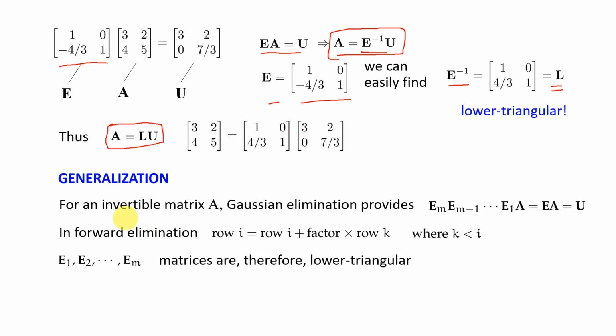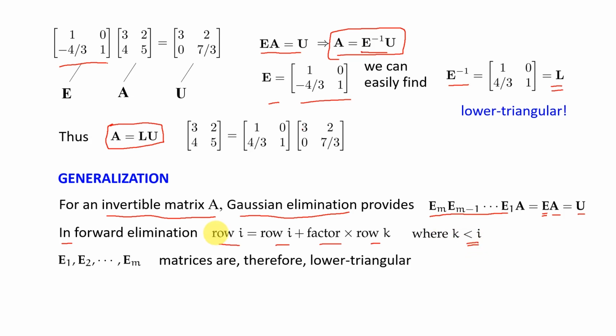We know that for any invertible matrix A, we can go with Gaussian elimination, and in Gaussian elimination, we multiply with a series of E matrices, that is the elementary matrices, and let us say that their product is this capital E. So capital EA equals U. Now when we are doing forward elimination, we are taking row i as row i plus a certain factor multiplied by row k, and this k is certainly less than i.